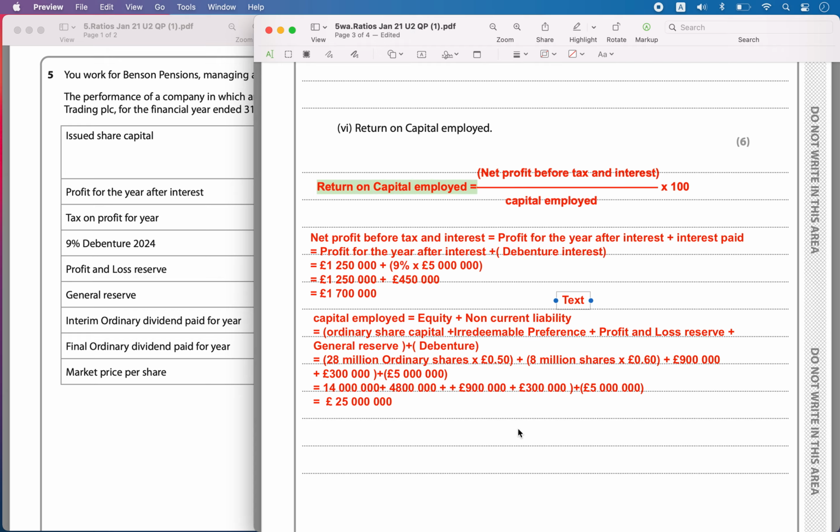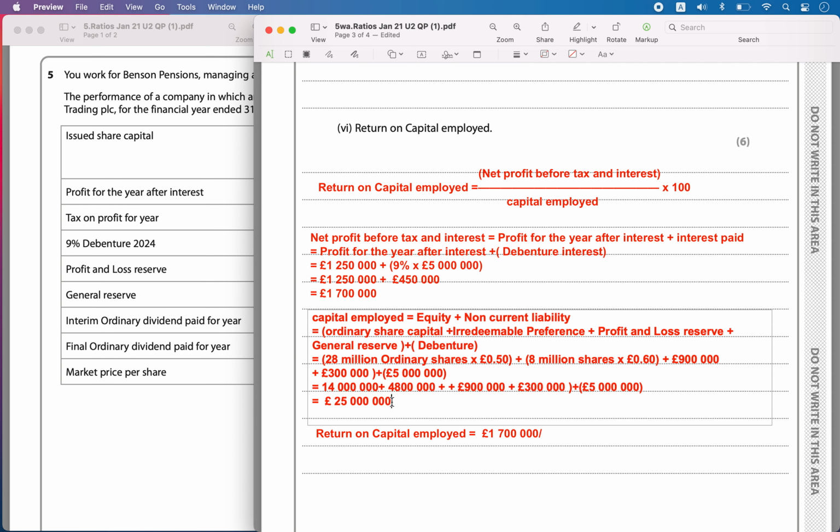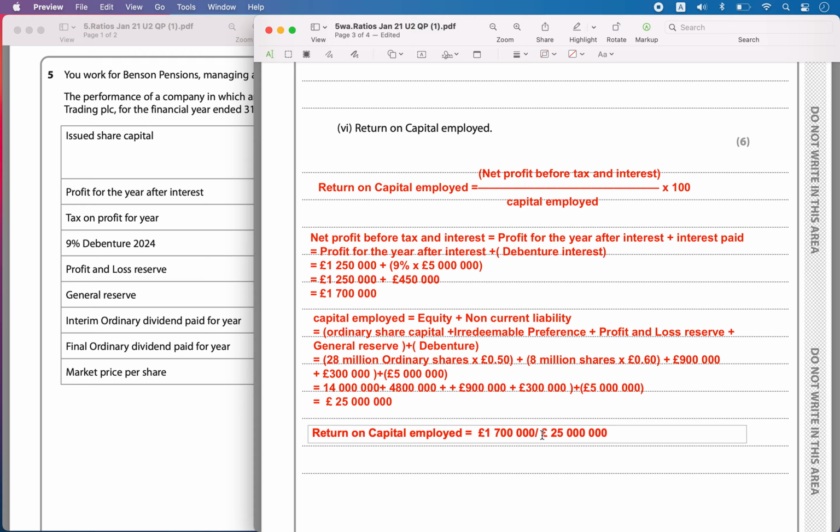Now let's calculate the return on capital employed. So the return on capital employed is going to be equal to 700,000 pounds divided by 25 million pounds, and then you will multiply it with 100 to get a percentage.